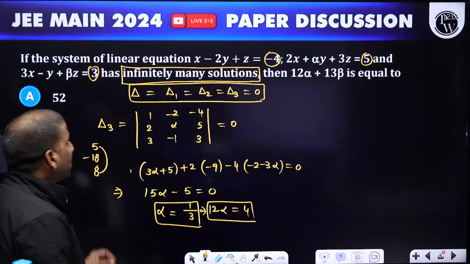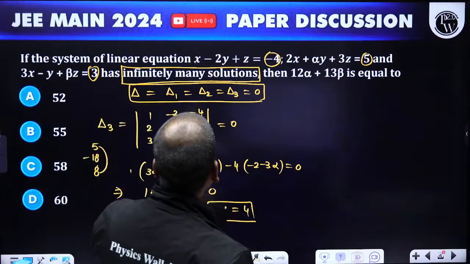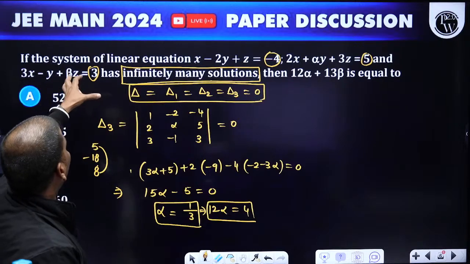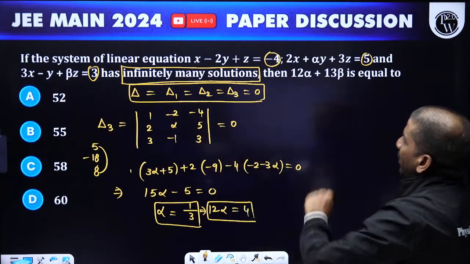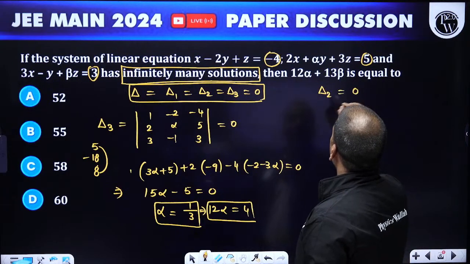Similarly, let us use another logic. The logic is, let us consider the determinant which contains only beta. So I will take delta 2. Delta 2 is also 0.